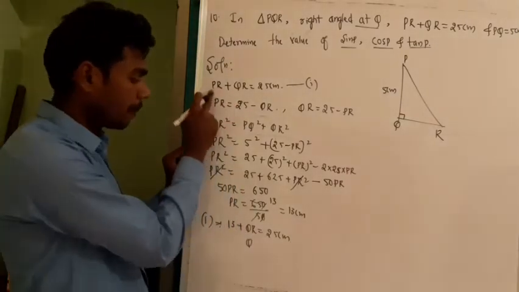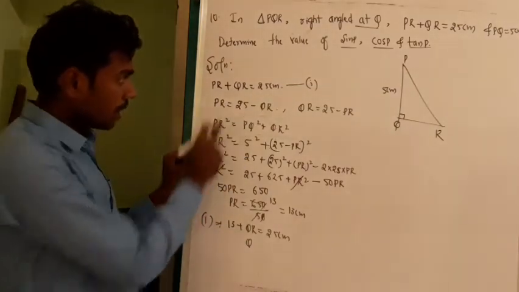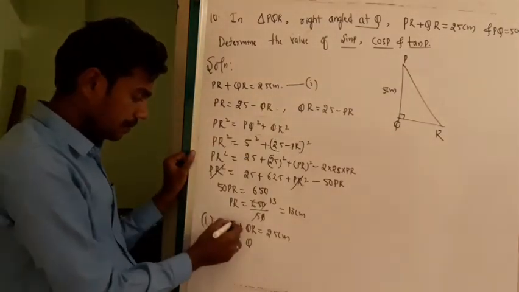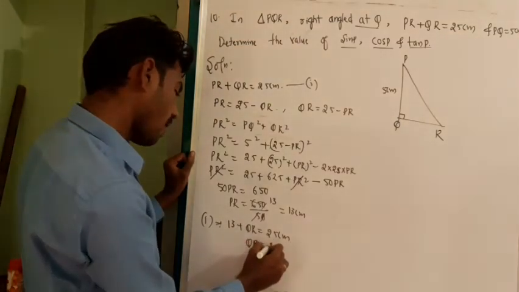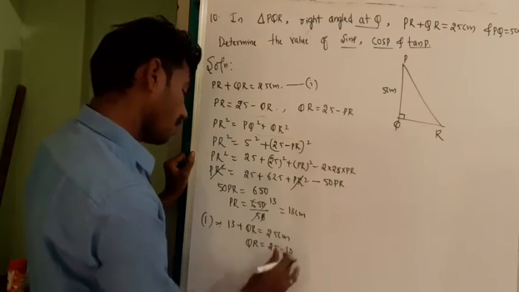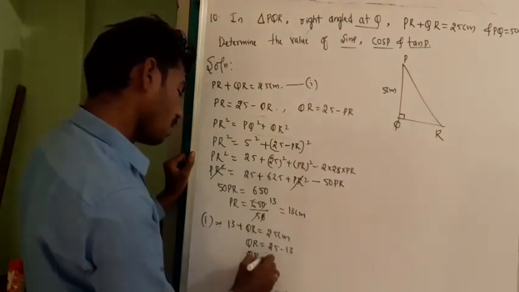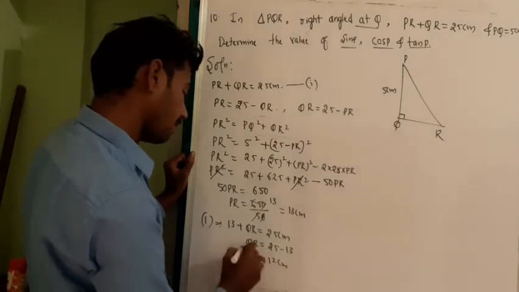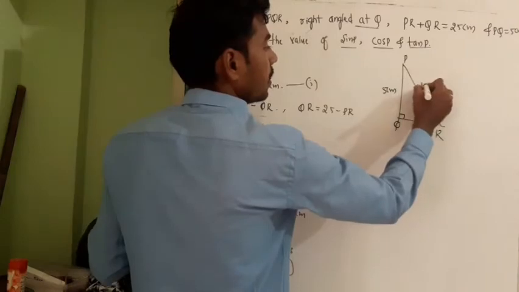In place of PR I will place 13, so 13 plus QR is equal to 25 centimeter. Then QR is equal to 25 minus 13. So QR is equal to 12 centimeter. So this is 12 centimeter, this is 13 centimeter.